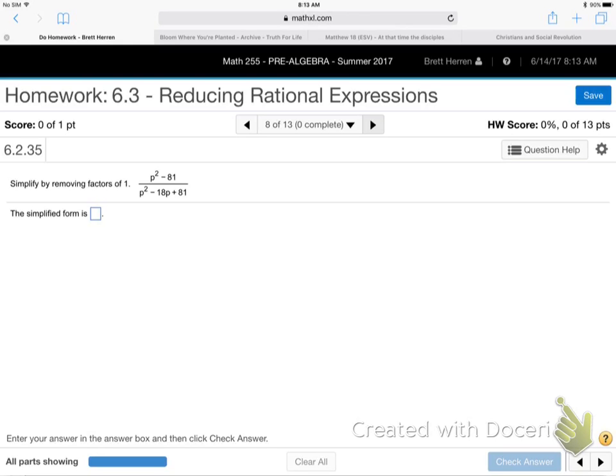All right, let's try. Picky on how you put in an answer. Is it getting picky? P squared minus 81 over P squared minus 18P plus 81. So try that one. Factor the top, factor the bottom. So it's two factoring problems, basically.